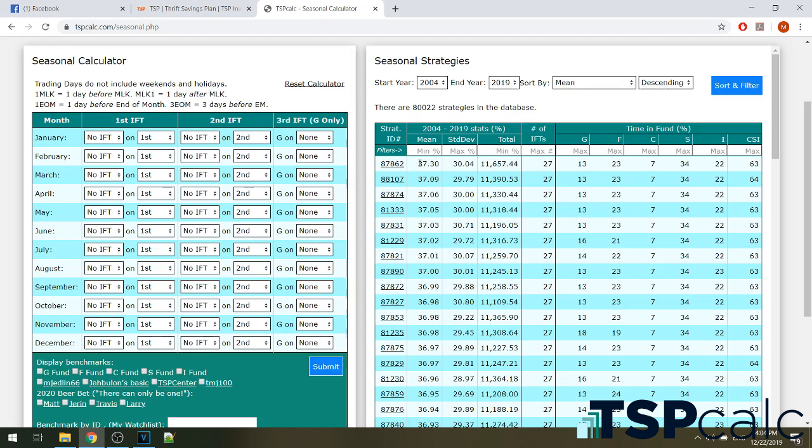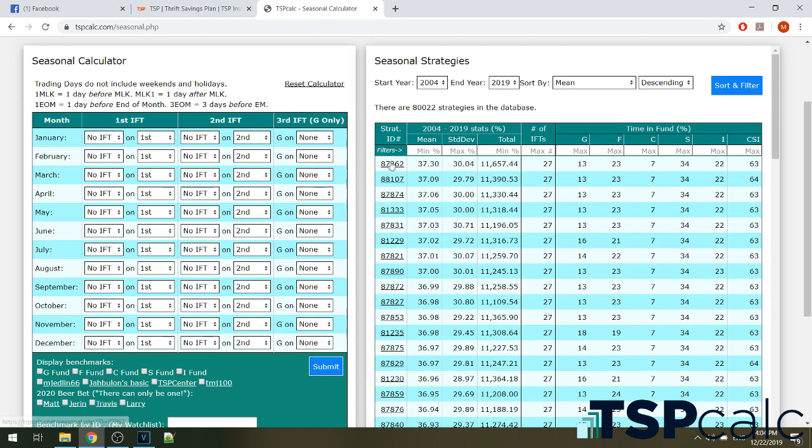If you look here, you'll see 37.3, and it's going down. So this row here is literally the highest mean 2004 to 2019. Not the highest mean that's possible necessarily, because, like I said, it's impossible for me to solve every possible strategy. This is the highest mean of any strategy that has ever been entered on TSP Calc. And right now there's 80,022 of them.